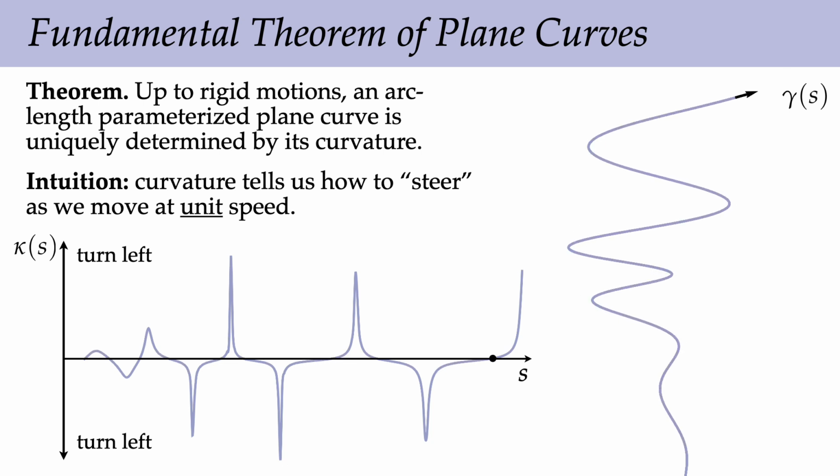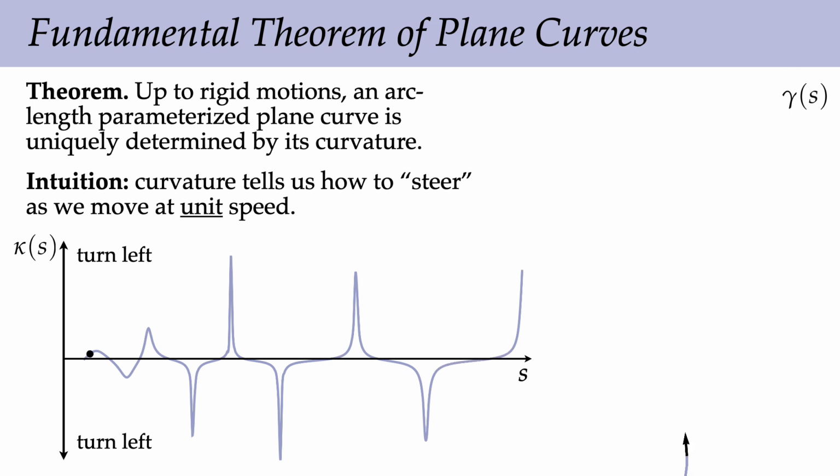The other really important thing to emphasize is that this theorem really does apply only to arc-length parameterized curves. This is saying, kappa is going to tell me how to steer my vehicle if I'm traveling at unit speed. If I do the same steering motions, but I suddenly speed up or I suddenly slow down, I'm going to trace out a different path through space.